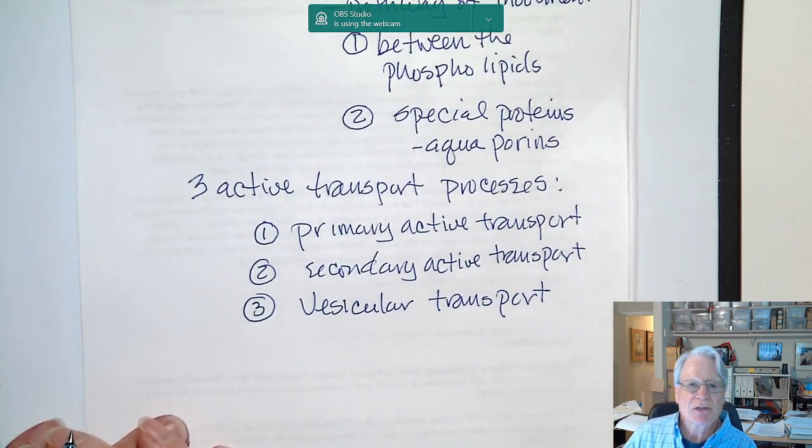So those are the three active ways in which substances cross the membrane.